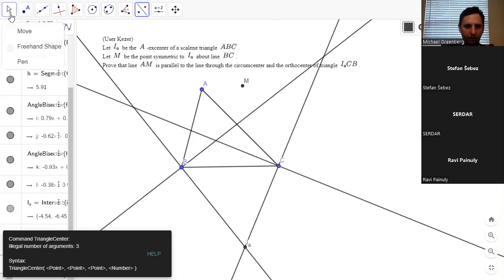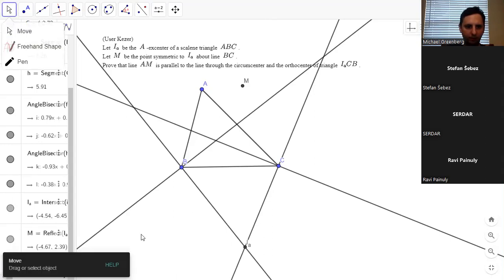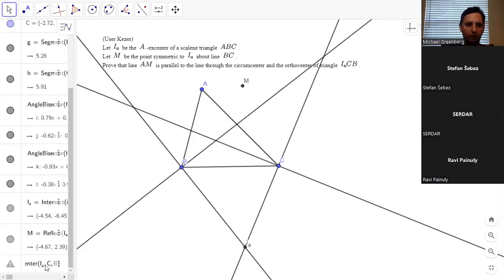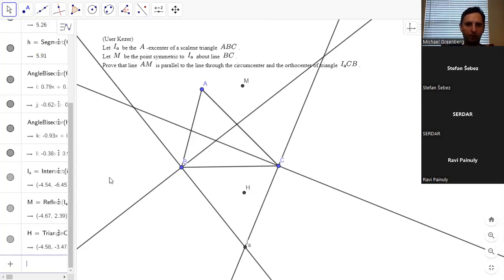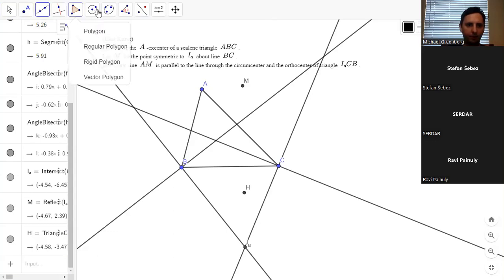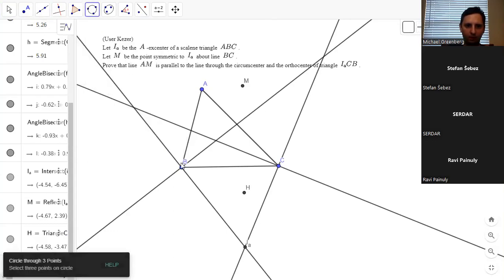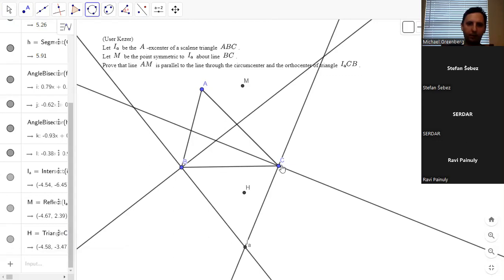Oh, because I need to put 4. I forgot to do that. There we go. So basically the Euler line.